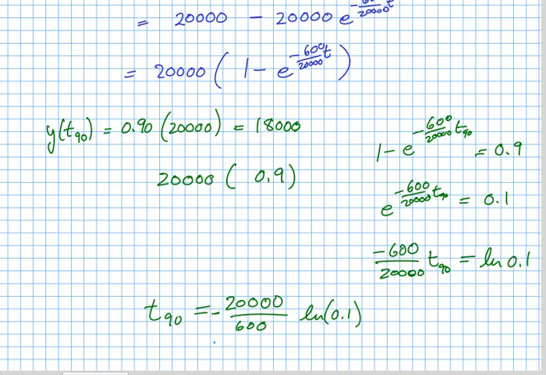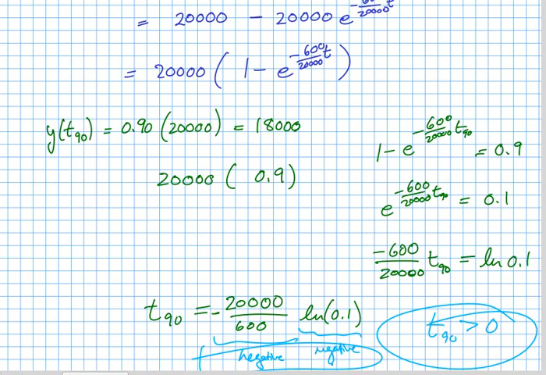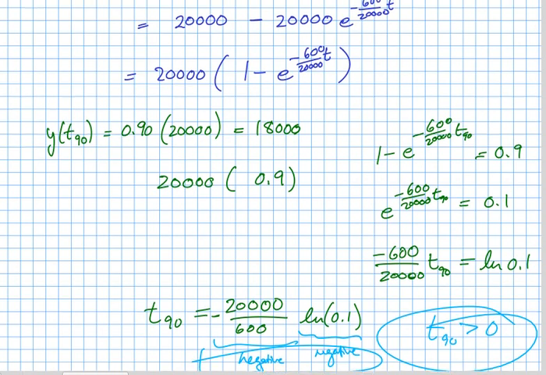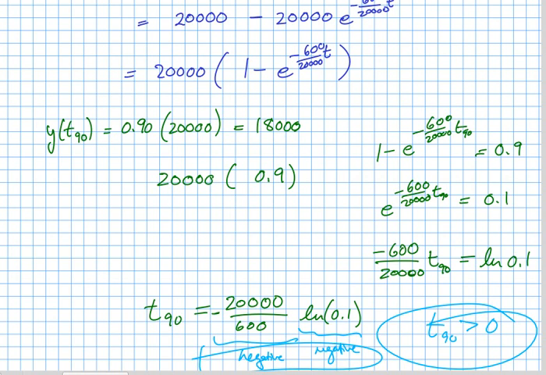This quantity is negative, and this quantity is negative. We know that T90 will be greater than 0. It only makes sense. This is just a quick check to make sure that we haven't made some horrendous blunder. Do I need to simplify the numbers? I don't sense a strong need to do that, but obviously both of those are quantities you can type into your calculator. I'll call it done.